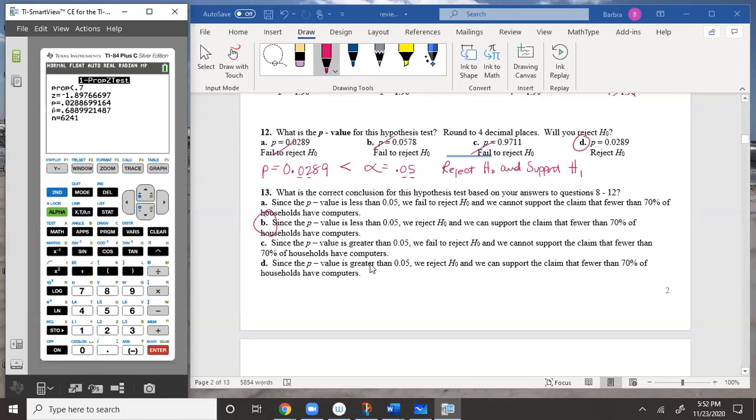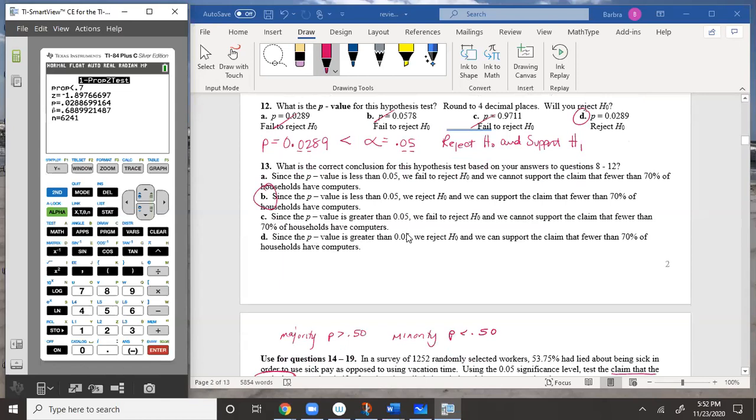All right, so looking at number 13, we're going to draw a conclusion. Since the p-value is less than 0.05, so we're looking at A or B here, we reject the null and support the claim. And then you just restate the claim that was in the problem, that fewer than 70% of households have a computer.